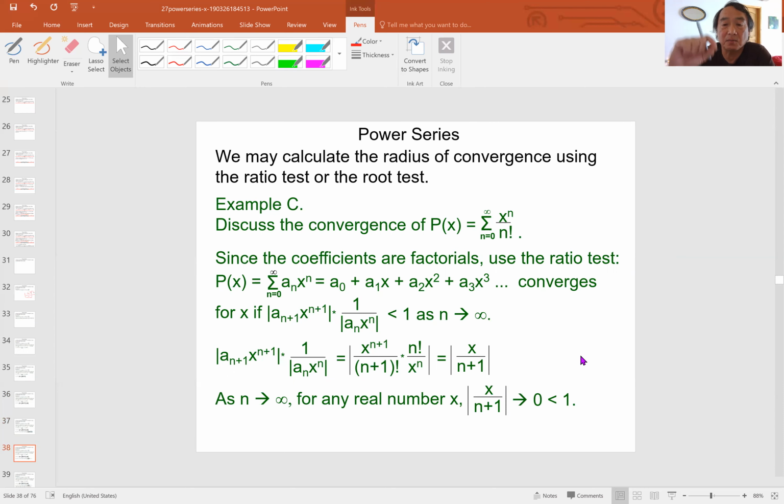So you're not doing the ratio test for just one number; you're doing it for every number x. The result is the same, because for every x you fix, as you let n become bigger and bigger, it goes to 0, which is less than 1. Therefore it converges absolutely. So for this particular power series, it converges absolutely for all numbers.